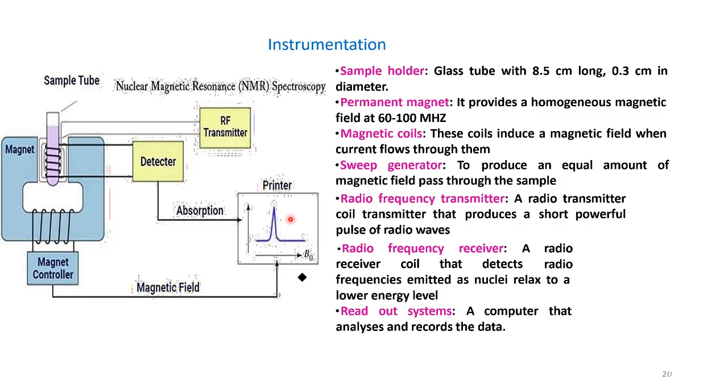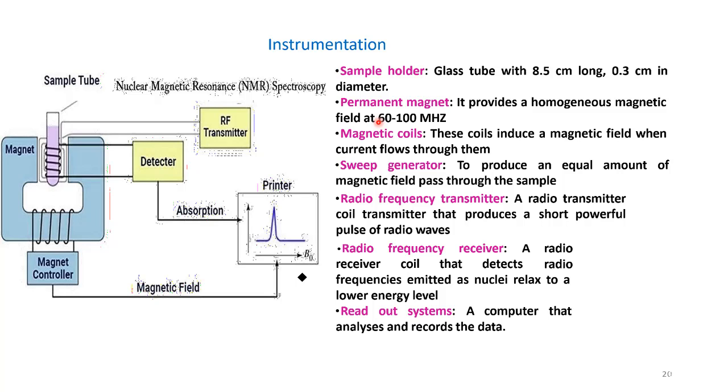So this is the basic instrumentation of the NMR spectrometer. The sample holder is a glass tube with a length of 8.5 centimeters and a diameter of 0.3 centimeters. The permanent magnet field depends upon our material, and we commonly use 60 to 100 megahertz, but we can vary it depending upon our application.